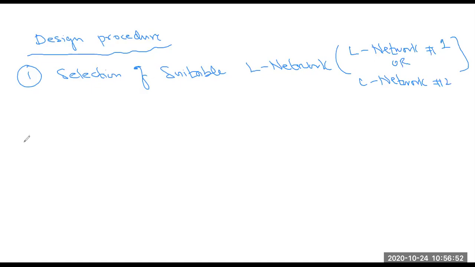And once you have made this decision, the second step will be to find the values of X and B.